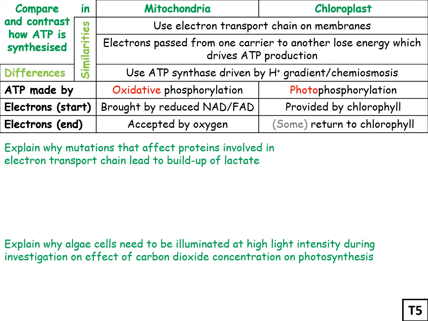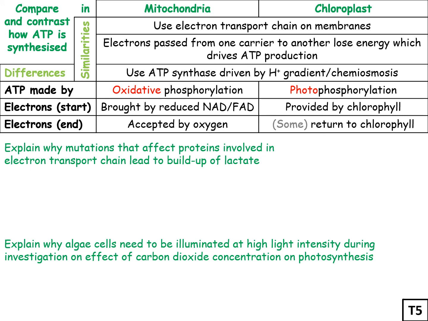They also have ATP synthase on the membrane, which is driven by the hydrogen ion concentration gradient, or chemiosmosis, where the hydrogen ions diffuse down the concentration gradient, and that provides the energy for ADP to be phosphorylated into ATP.